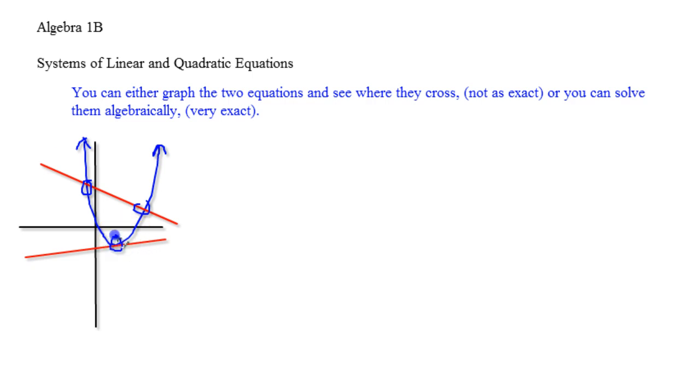More than likely it's going to be a straight across line. Or you could have no answers. So you could have 0, 1, or 2 answers when you're solving a system of equations.